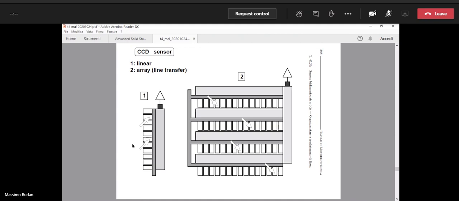The linear array is made of a set of individual photocapacitors that are the white things on the left. And as usual, these photocapacitors are operated alternatively during the integration time. So some of them have an applied voltage that is high and the rest is kept low, okay?